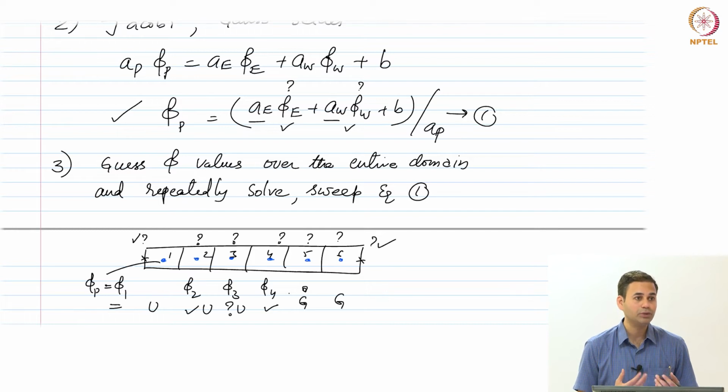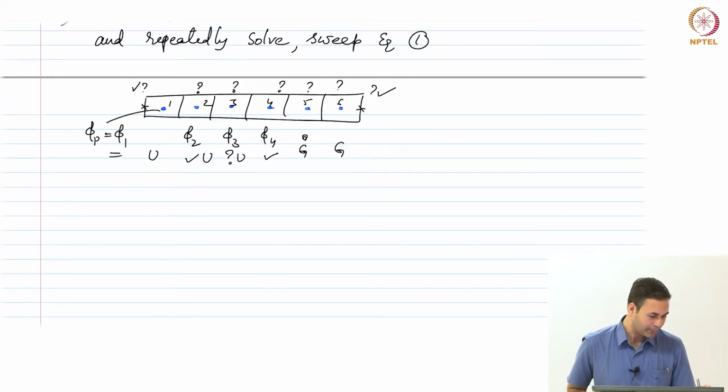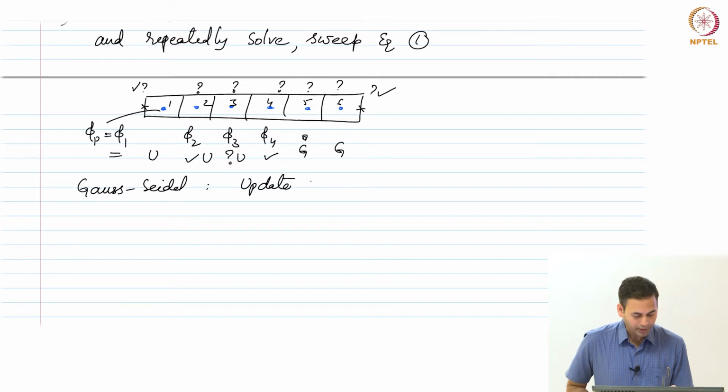As soon as you find a value for a particular cell, you update it with what you have found. So, essentially in Gauss-Seidel you update the cell values as soon as they are calculated.